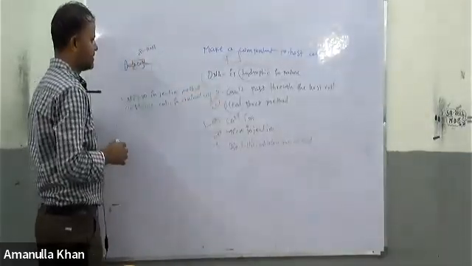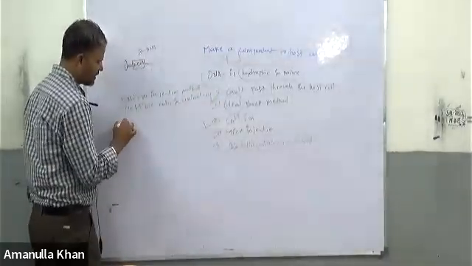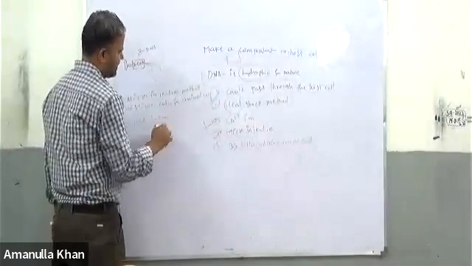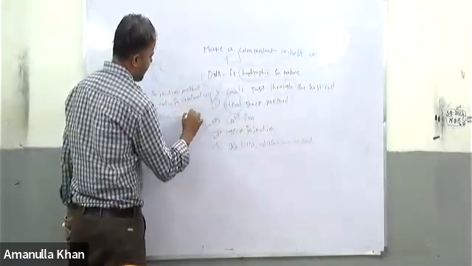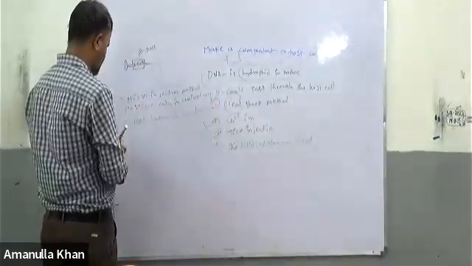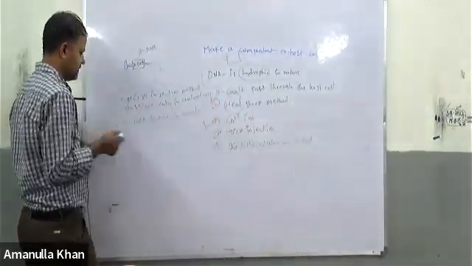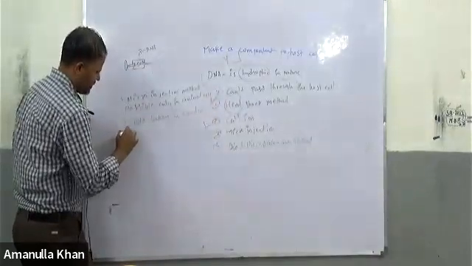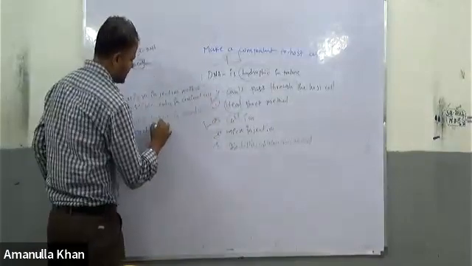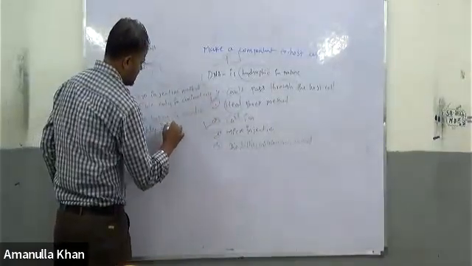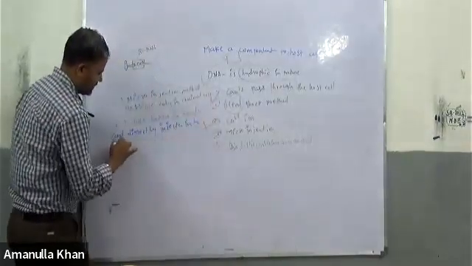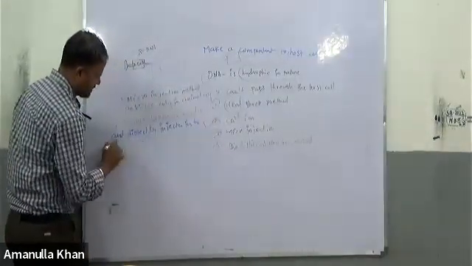What happened in the microinjection method? rDNA is taken in the needle and directly injected into the nucleus of the animal cell.